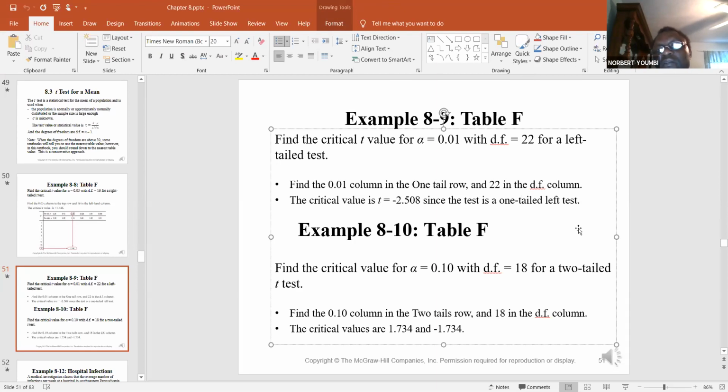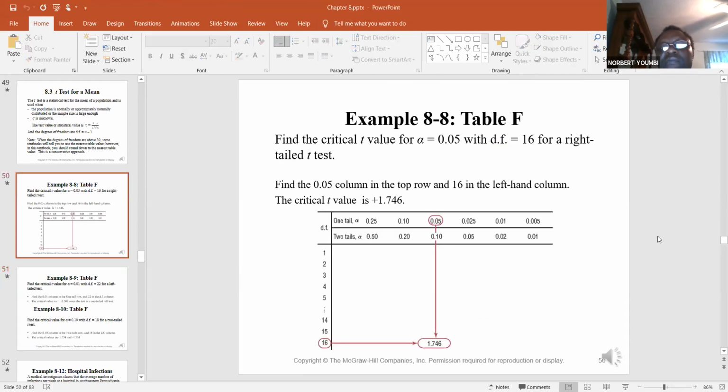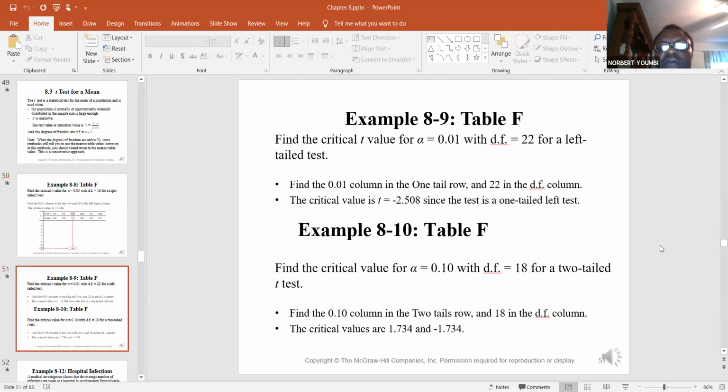For a two-tailed test, you use the degree of freedom, which is n-1, sample size minus 1, and then you choose two-tail test. You see here there is one tail and two tail. So you choose two tail, and you will have both sides. For example, negative 1.734 and 1.734 for a two-tail. Whatever you read, you take both sides.